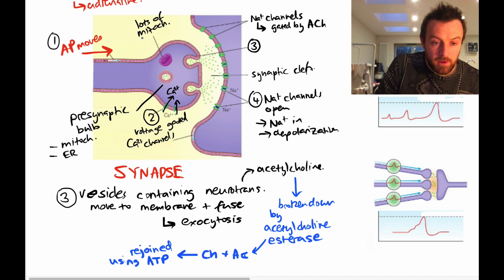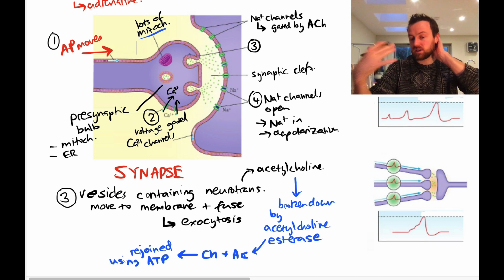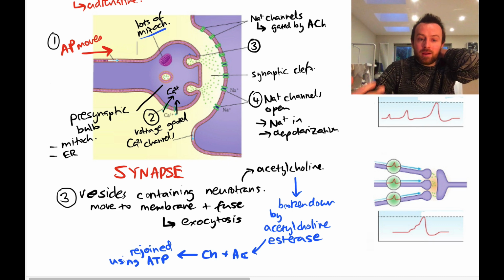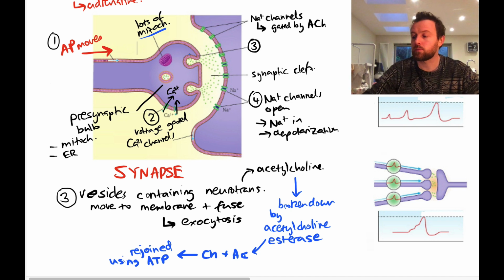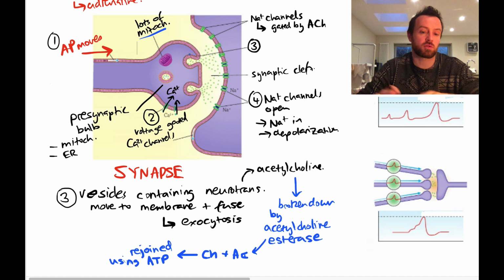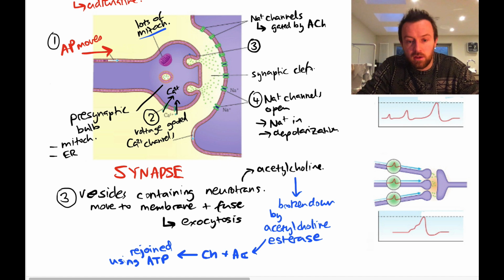So that's one of the reasons why we have lots of mitochondria up here, because it's a very energy sapping process. Also, of course, we've got lots of sodium potassium pump channel proteins there, which cause the resting potential. So we need lots of ATP.